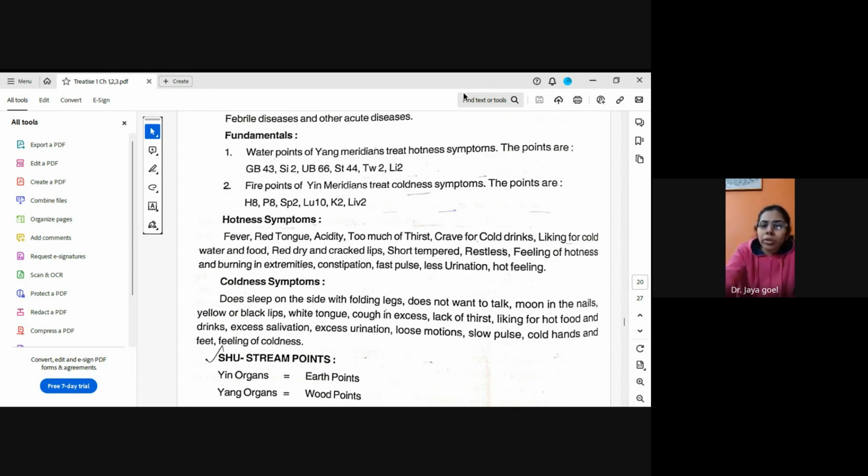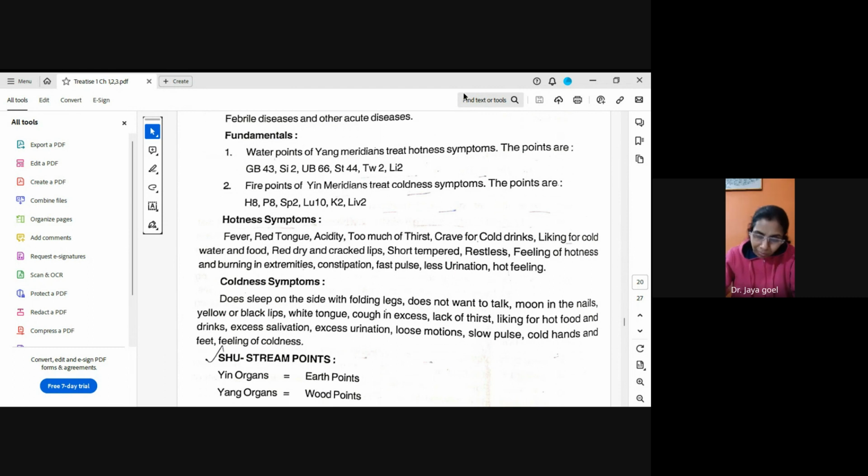There are some patients with yellow or black lips because of the coldness. White tongue, cough in excess, and lack of thirst. The patient will not feel thirsty, and he or she will not drink water for a long time.